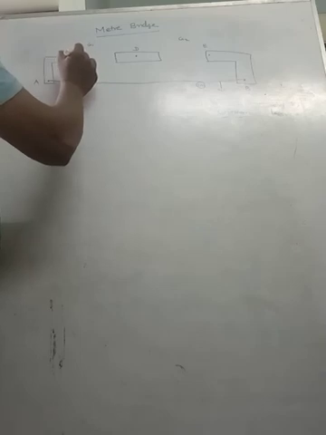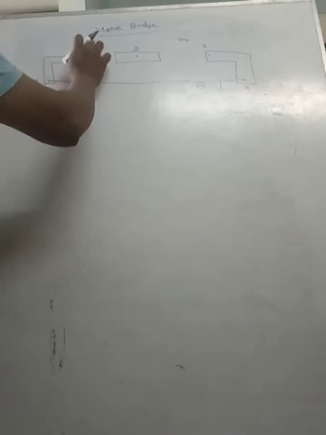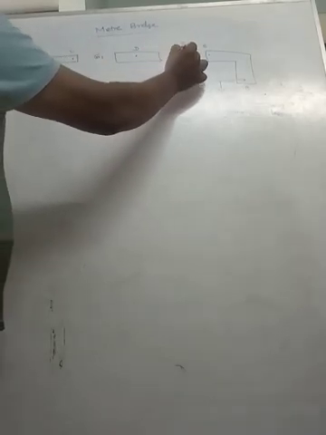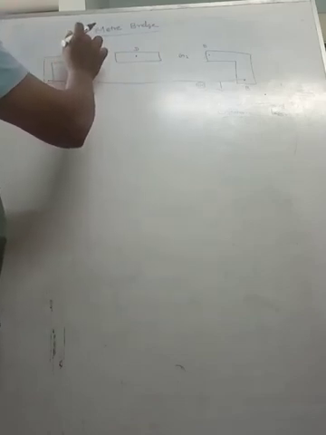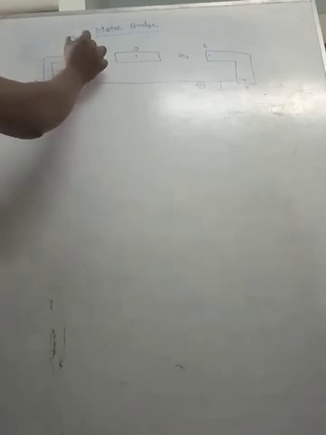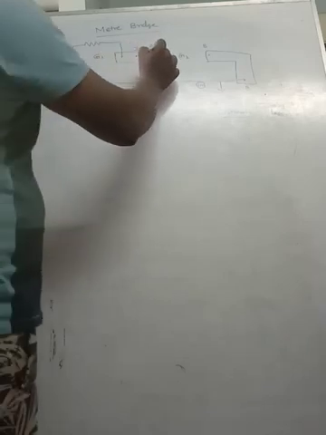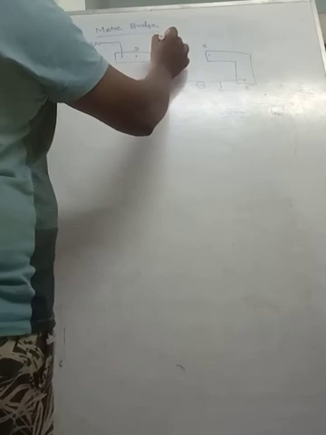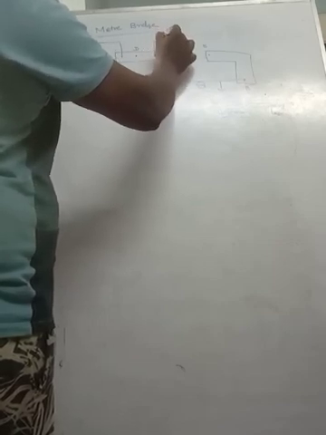And there are two gaps. Let us take this as gap G1 and this as gap G2. Across the first gap there is an unknown resistance connected, and across the gap G2 there is another resistance connected, which you can take as a resistance box.